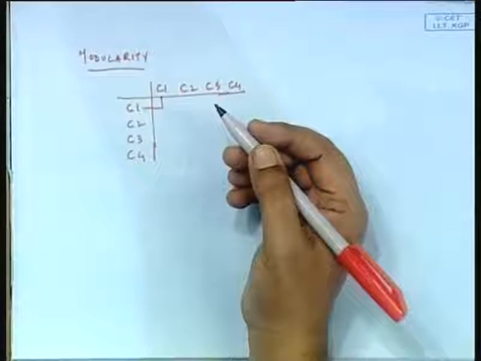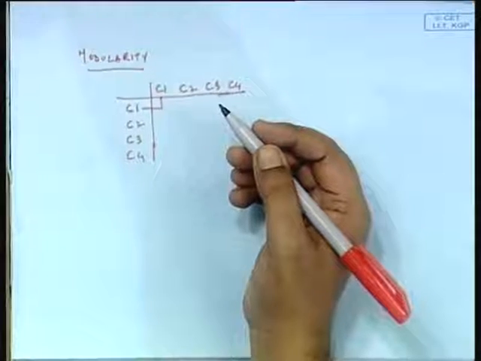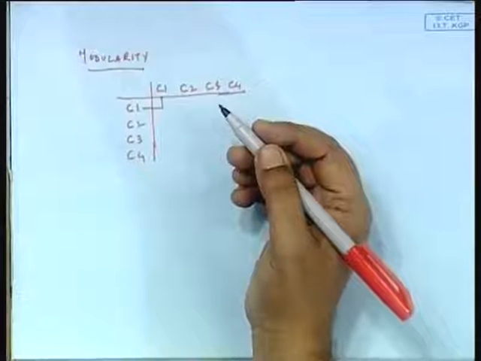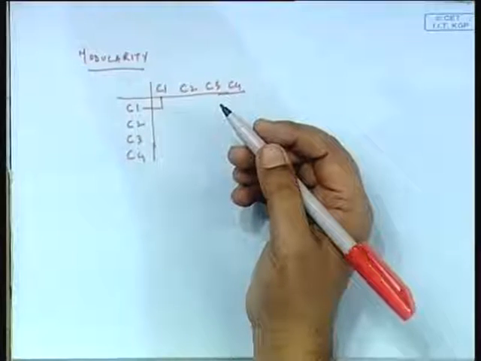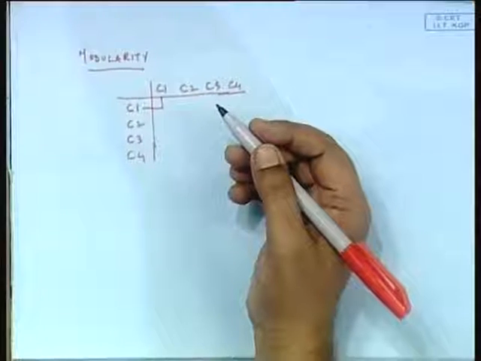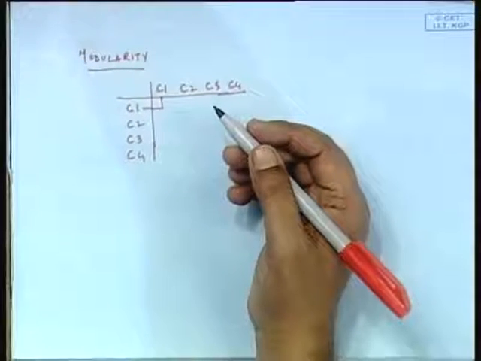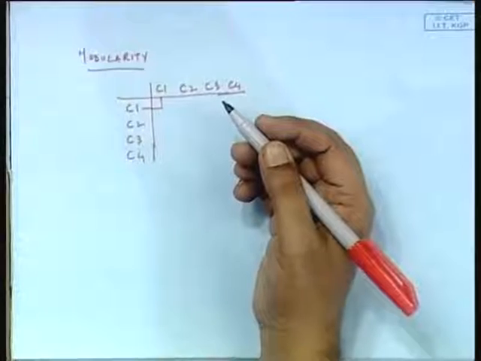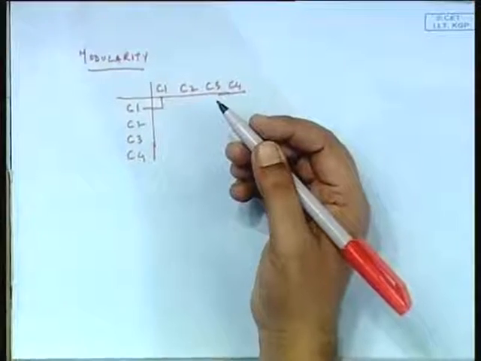But there is a problem with this. The best community is the entire network, because then all the edges are inside and no edge is outside. So, you cannot really take that.